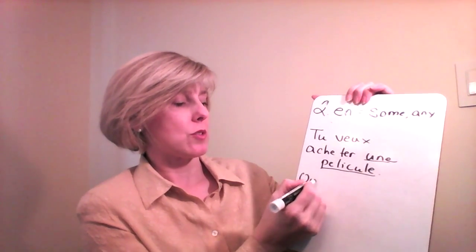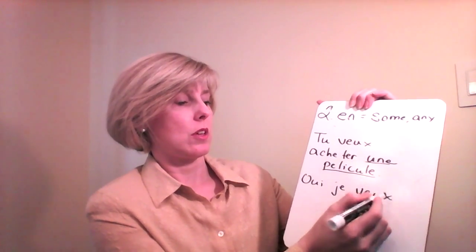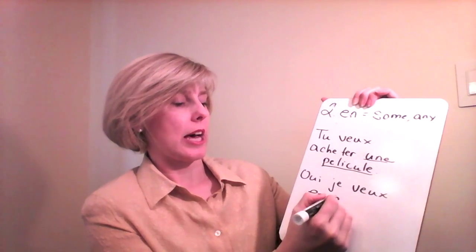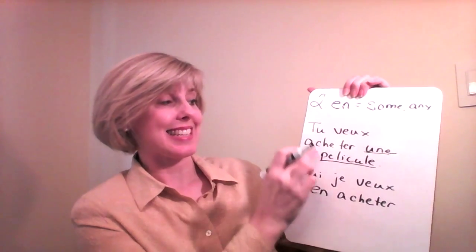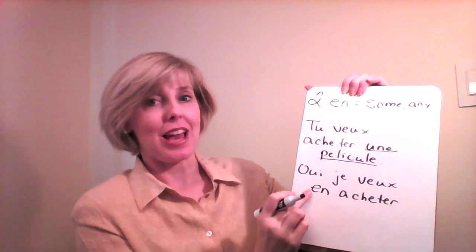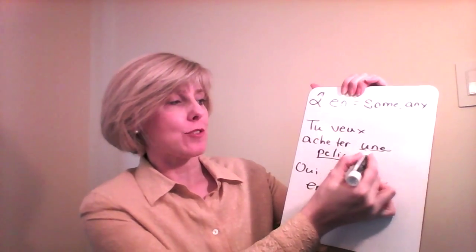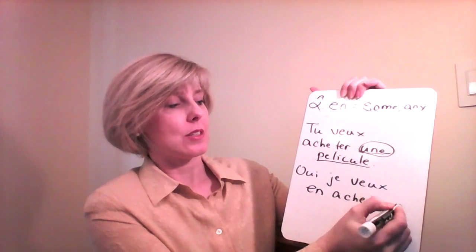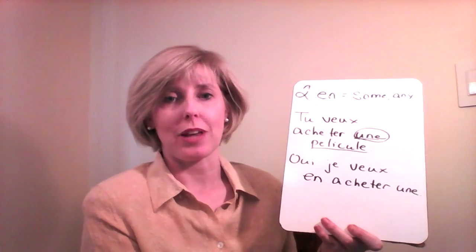So the person answers oui, je veux en acheter. Okay, remember this is a sentence that has an infinitive, so the pronoun has to go in before the infinitive. So oui, je veux en acheter, and then you have to include that word une. It's going to go at the end, after the verb. Je veux en acheter une. I want to buy one.